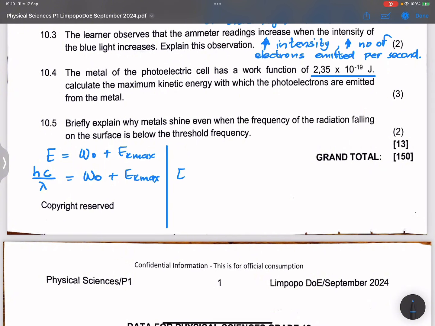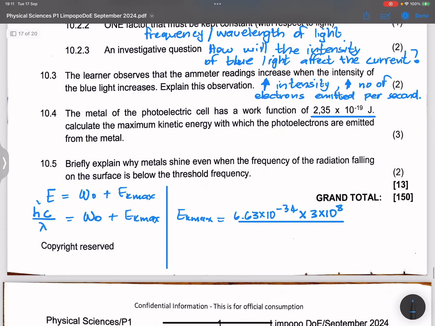So I'm going to say EK max would simply be, now remember that's Planck's constant, 6.63 times 10 to the exponent minus 34, times 3 times 10 to the exponent 8, divided by the wavelength, and the wavelength is 470 nanometers, so that's 470.